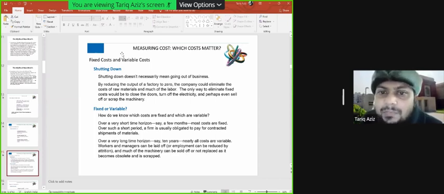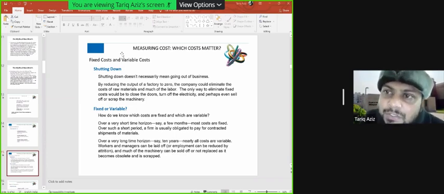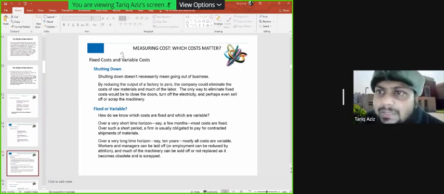Any period of time in which not everything can be changed is a short term period, and a time period in which every input can be changed is a long term period. Both concepts are related to each other. We try to define the time horizon based on this differentiation of fixed cost and variable cost, and similarly, we also define the variable costs and fixed costs in terms of time horizon.